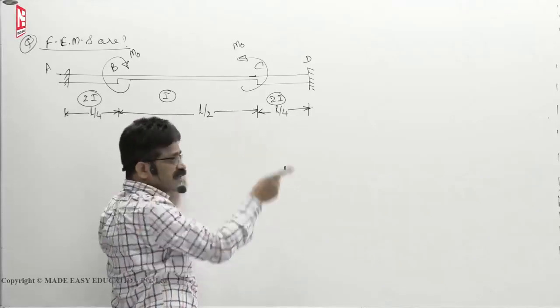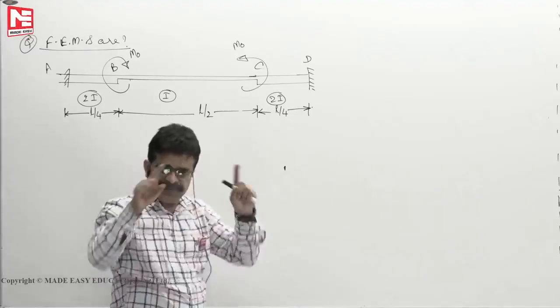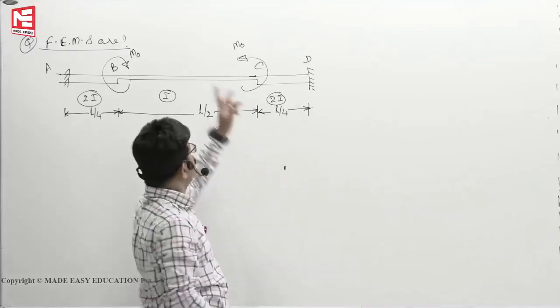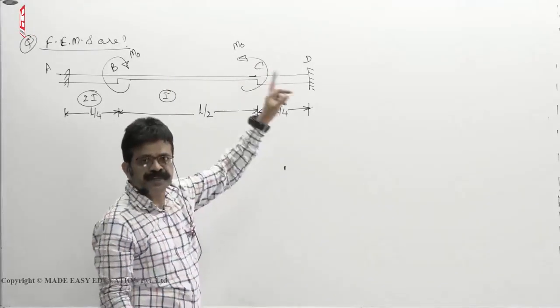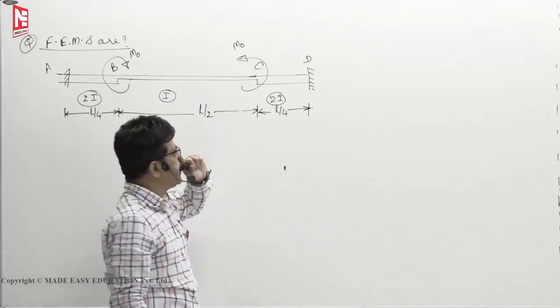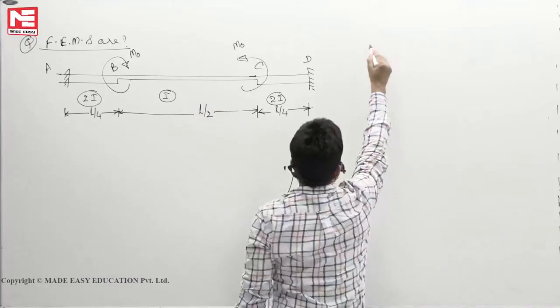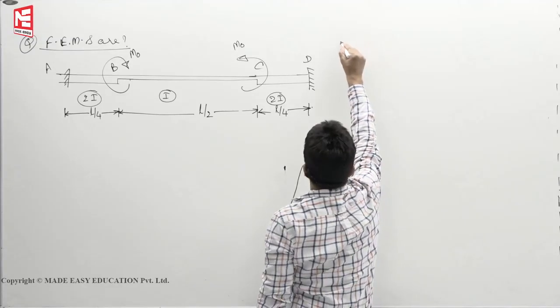But still the reactions will develop because of the fixed end moments, and the purpose of those reactions is not to keep them in equilibrium but to make the slope 0. Now let us see what it means.